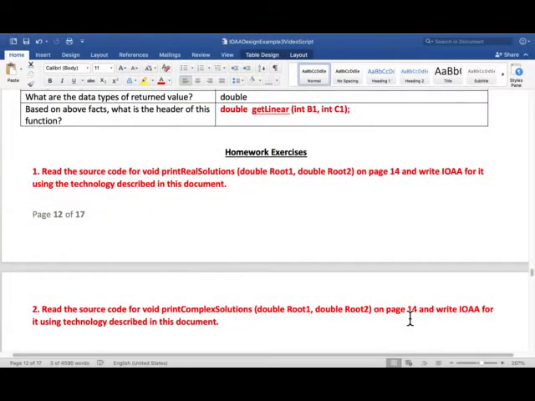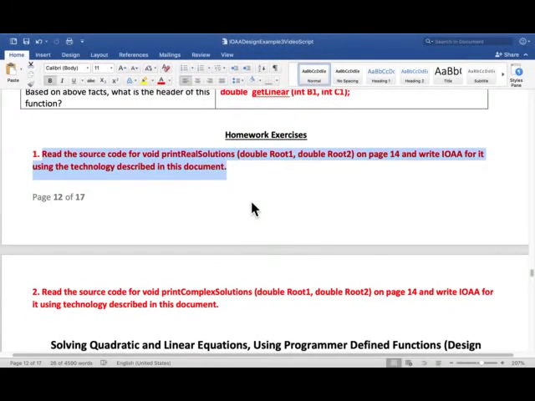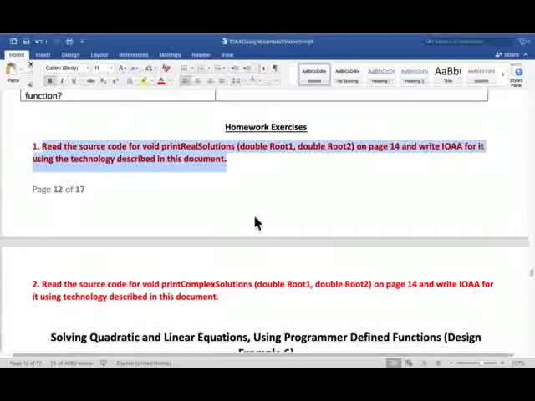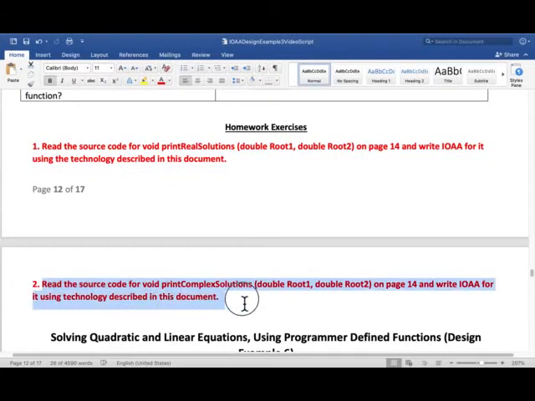And then I have two homework exercises. Read the source code for void print real solutions function and write IOA for it. And read the source code for void print complex solutions and write IOA for that for practice.